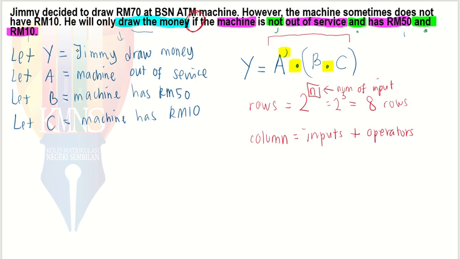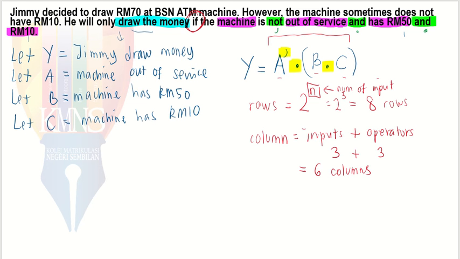So the operators you have 3, and the inputs you already know, you have A, B, C, right? The inputs A, B, C, 3. Okay, so the columns will be 3 plus 3 equal to 6 columns.